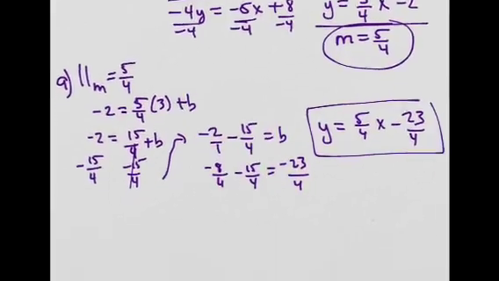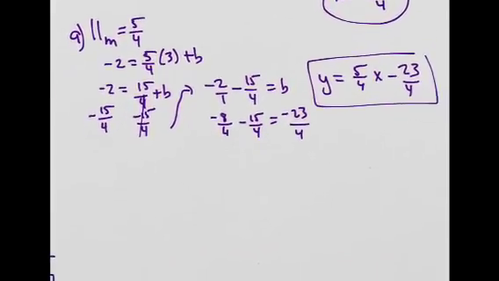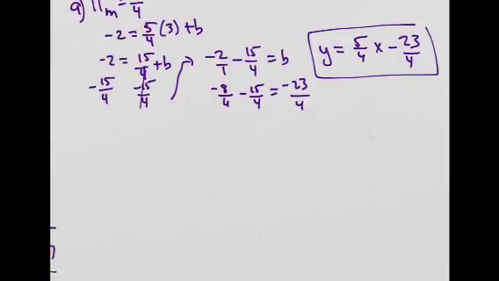So for the second part, for B, we want the line perpendicular to the given line, passing through the same point 3, -2. So if the slope is 5/4, well, for perpendicular slope, it's the opposite and reciprocal.